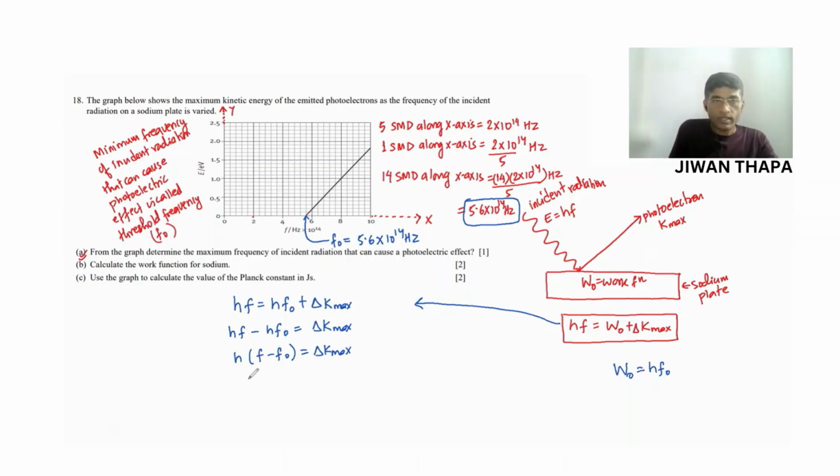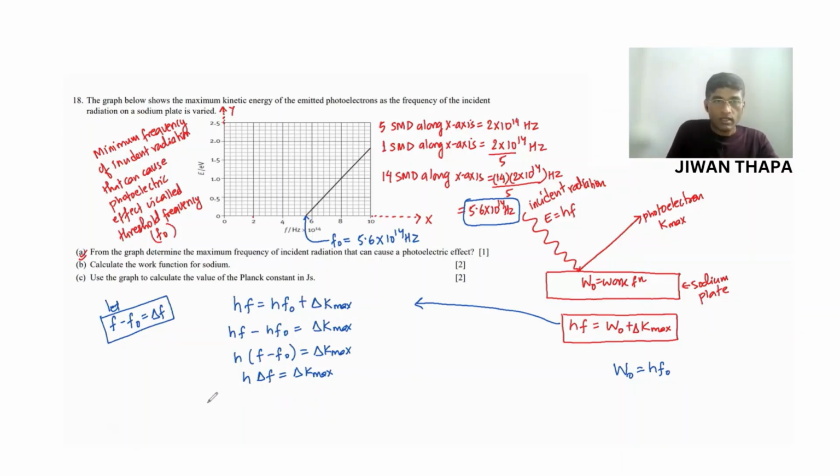Let us denote this difference f minus f naught by the symbol delta f. Therefore we can write h times delta f equals delta K max.